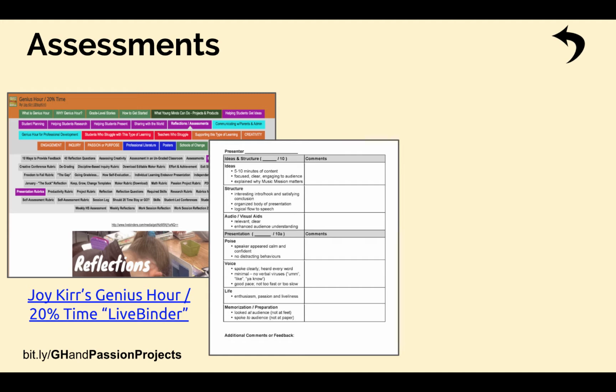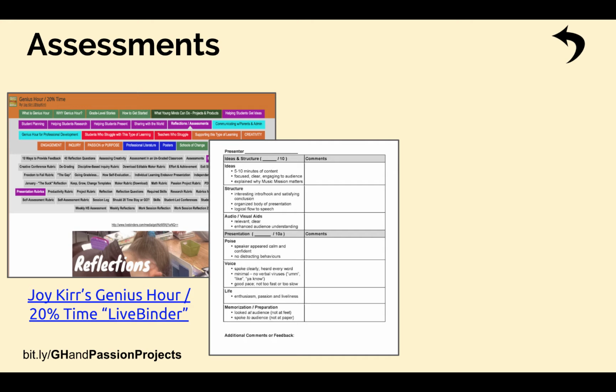If you'd like a rubric for a presentation, this was a very, very simple one. Assessing the final presentation. And again, not necessarily the product, but the preparation and the presentation of that final product is important. So tell the story.